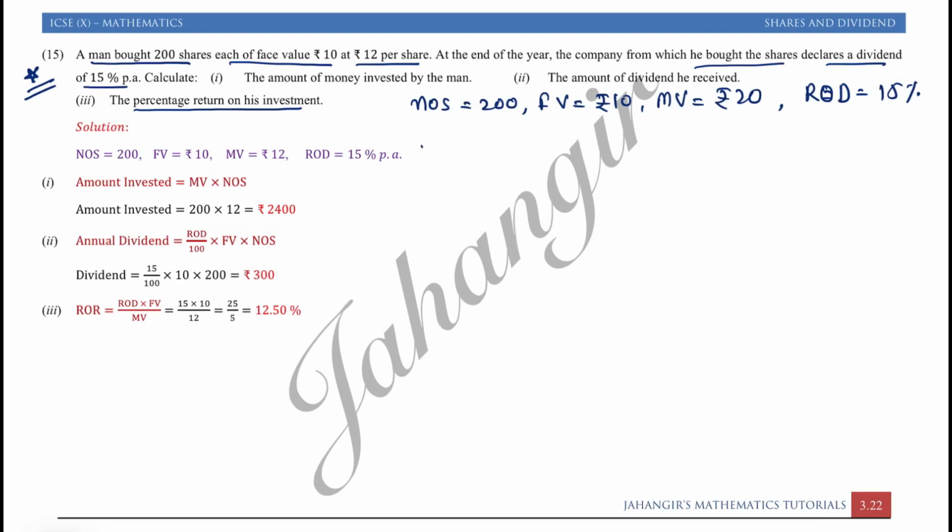So here first we want amount invested. So amount invested is equal to number of shares into market value. So number of shares is 200 into its market value is 12 rupees.